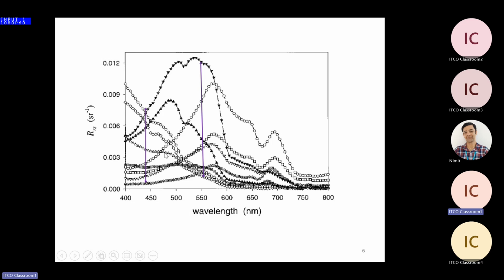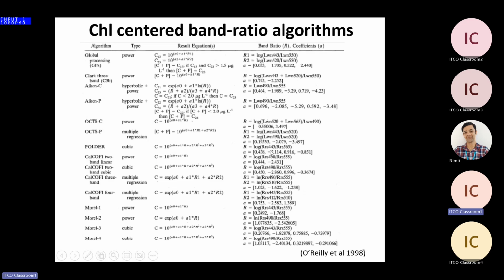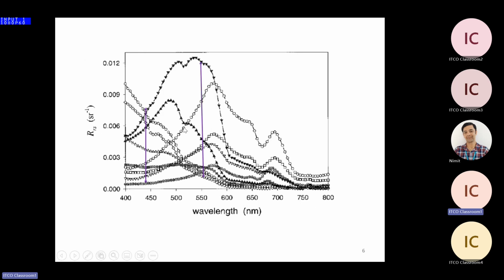But generally speaking, you see it's a ratio of blue to green: 443 to 565, or 490 to 555, or 443 to 555. It's basically a blue-green kind of ratio. The reason is, for this remote sensing reflectance, here's blue, here's green. You can see when you have lots of phytoplankton, it will pull down remote sensing reflectance at the blue bands.